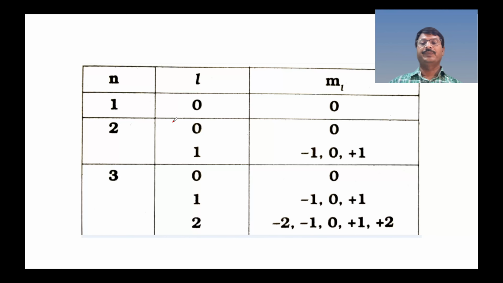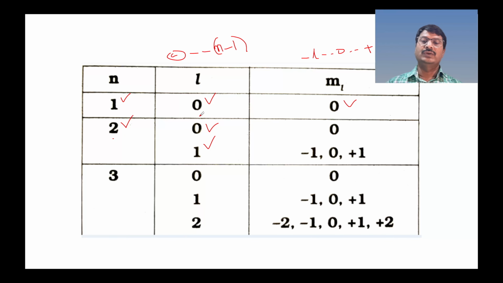And here, if principal quantum number is equal to 1, the L value will be 0 and the m value is also 0. If the principal quantum number is 2, the L values are 0 and 1. So what are the L values here? That is 0 to n minus 1. And the m values will be minus L to 0 to plus L. So if n is equal to 1, you get L value 0, m value 0.